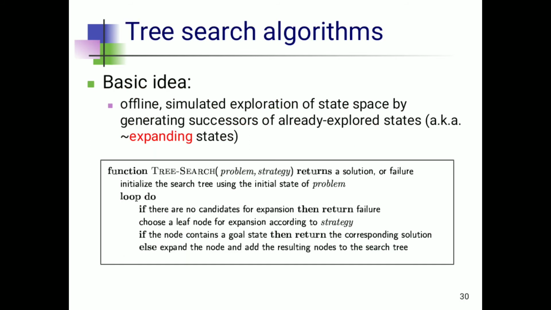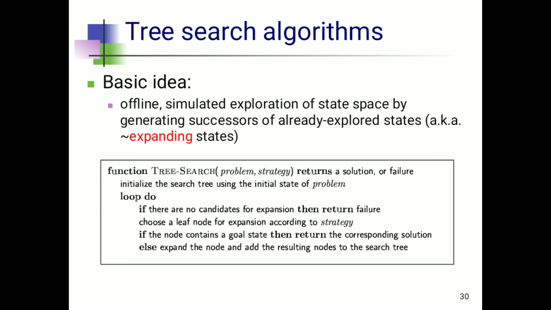Now we'll see the tree search algorithms. What is a tree search algorithm? The basic idea is an offline, simulated exploration of the state space by generating successors of already explored states, that is, expanding states.